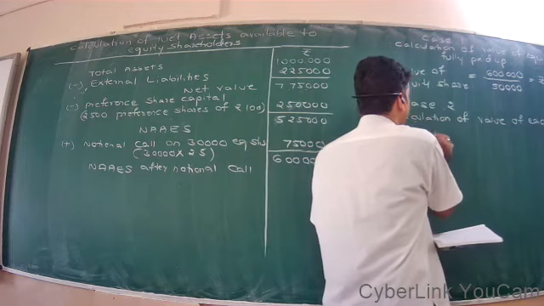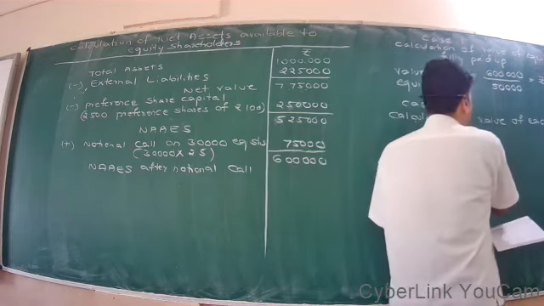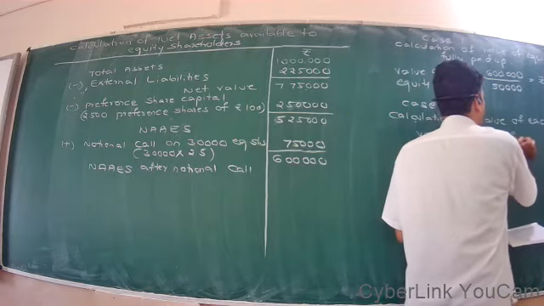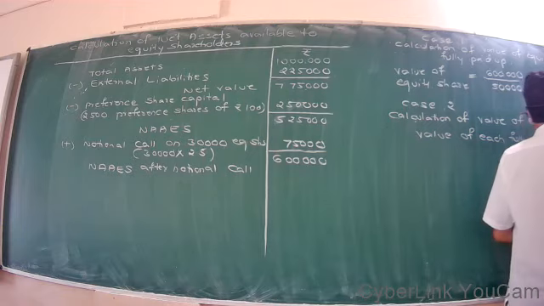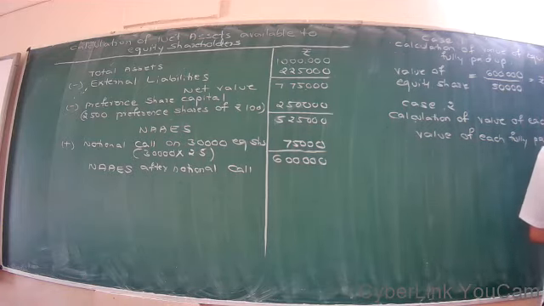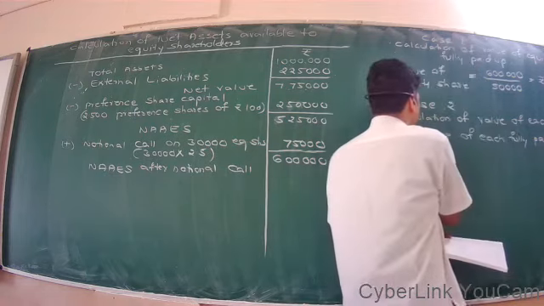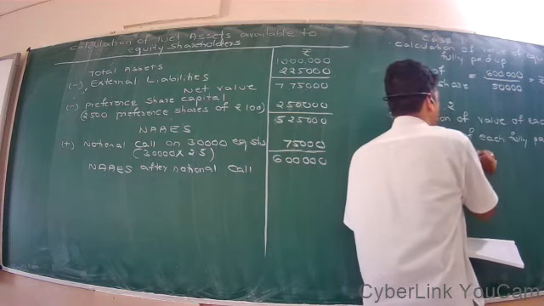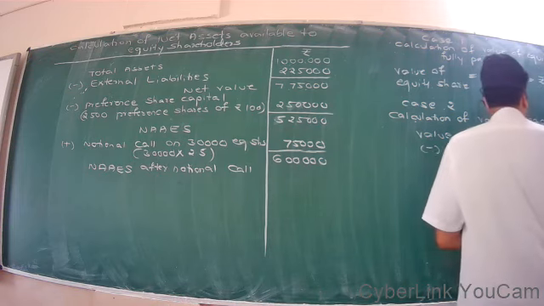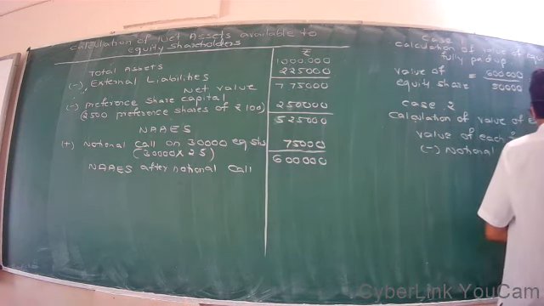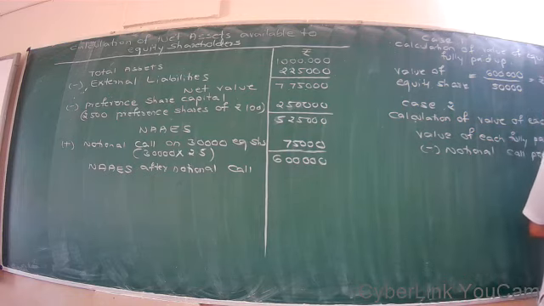First you take the value of each fully paid equity share, that is rupees 12, minus the notional call per partly paid equity share, that is rupees 2.5.